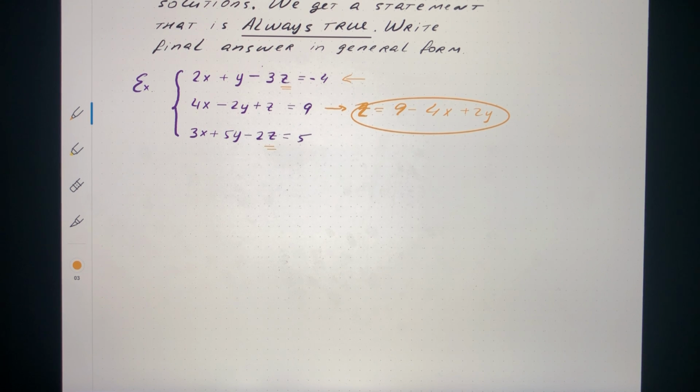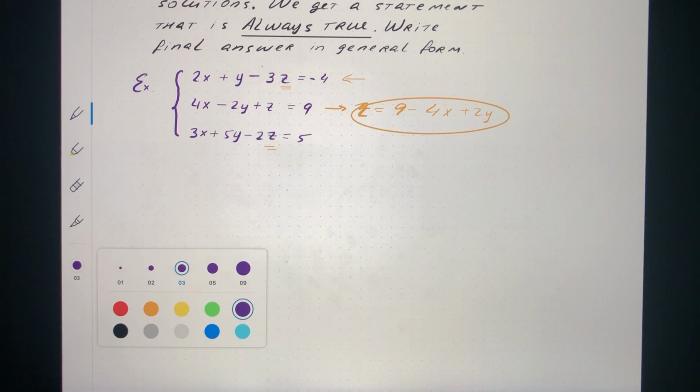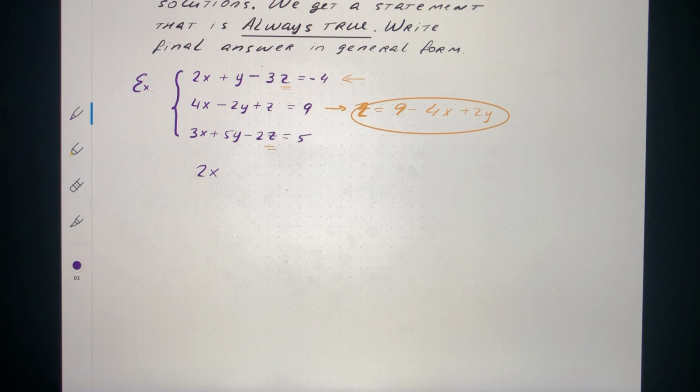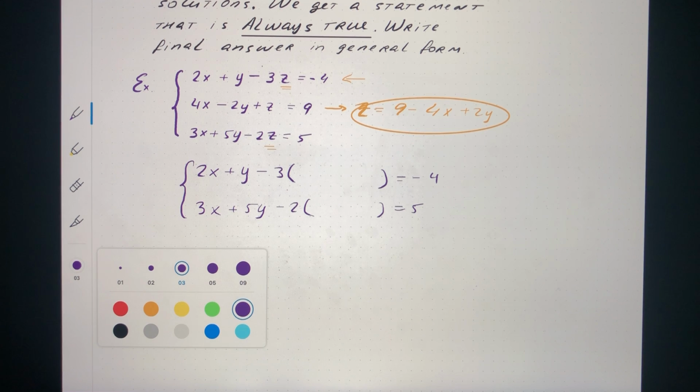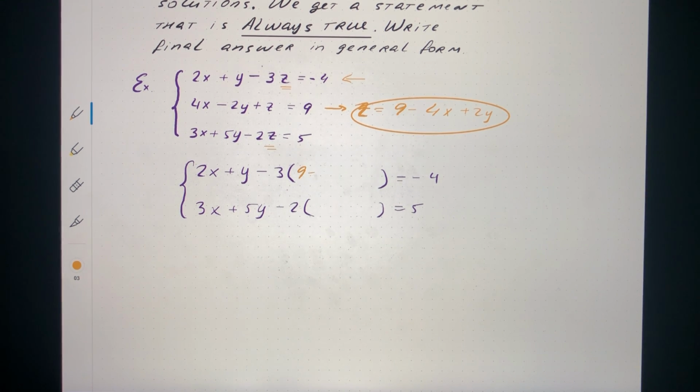So we copy the equations, and each time there was a z, we now use what it is: minus 3z is negative 4, and then the second equation is 3x plus 5y minus 2z is 5. So the z is 9 minus 4x plus 2y, 9 minus 4x plus 2y.